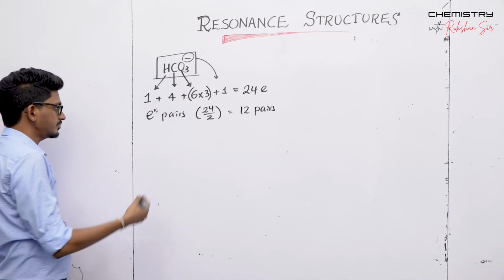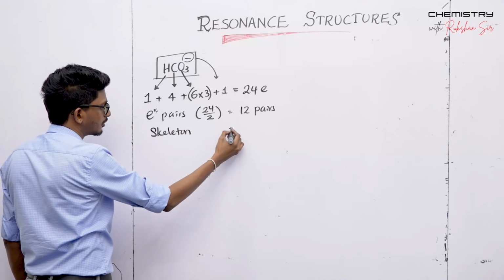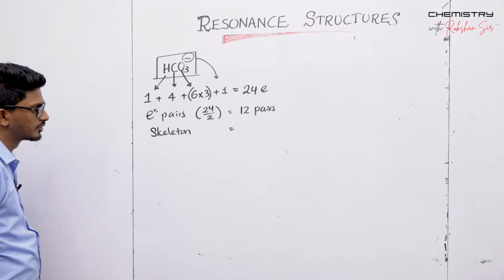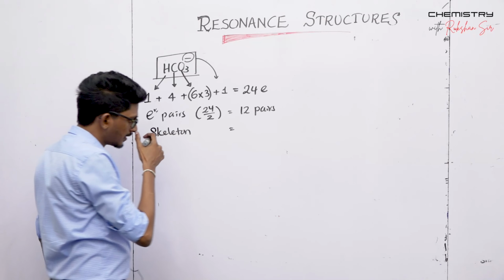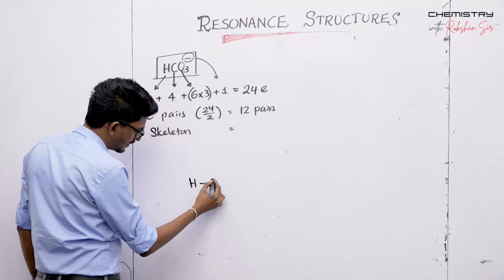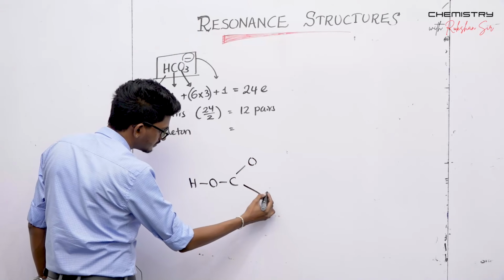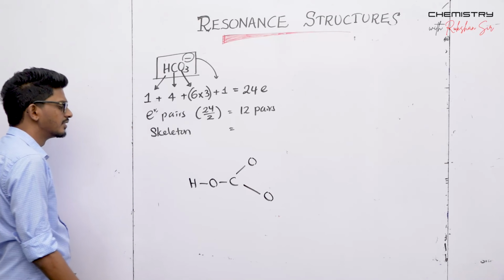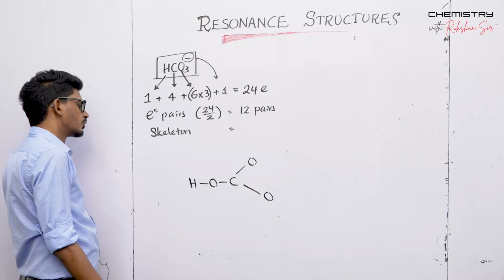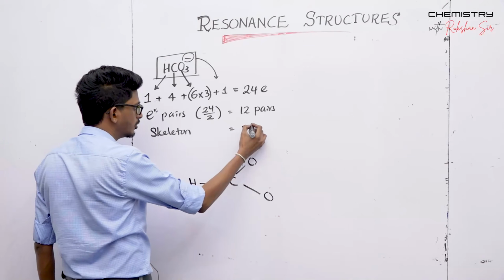Then for the HCO3 minus skeleton, the skeleton is this. For that skeleton, 1, 2, 3, 4 pairs have been used.